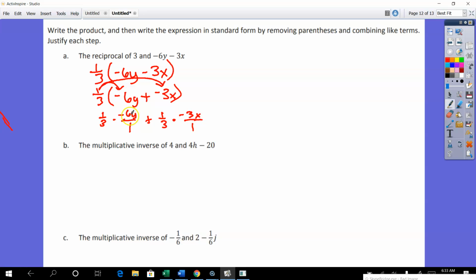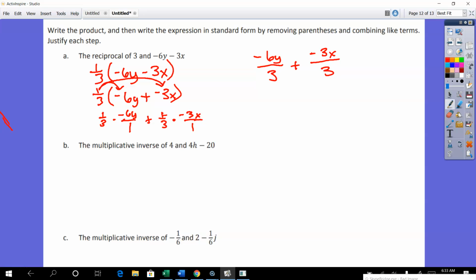So positive times a negative is a negative. 1 times 6y is 6y. 3 times 1 is 3. Plus 1 times a negative 3x is a negative 3x. 3 times 1 is 3.